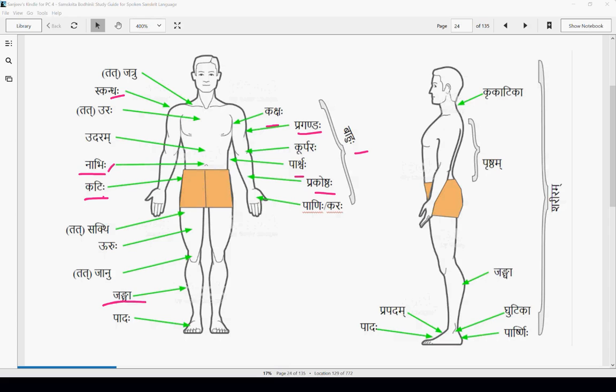But now here there are jangha, this is ending in a. When something ends in a, like here ghutika, krikatika, these are strilinga words or feminine gender words.